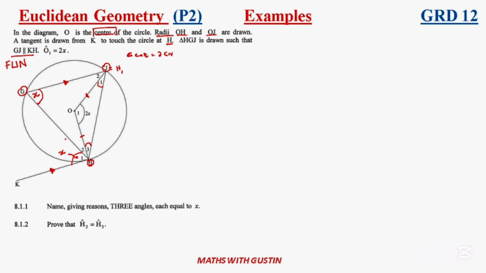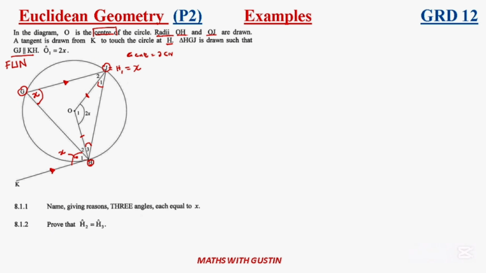And then what else is also equal to x? Let's have a look here. Just want to see what else. Okay, it also means the whole of J is also equal to x as well, due to the tan-chord theorem. So let's go ahead and have a look at our question here.